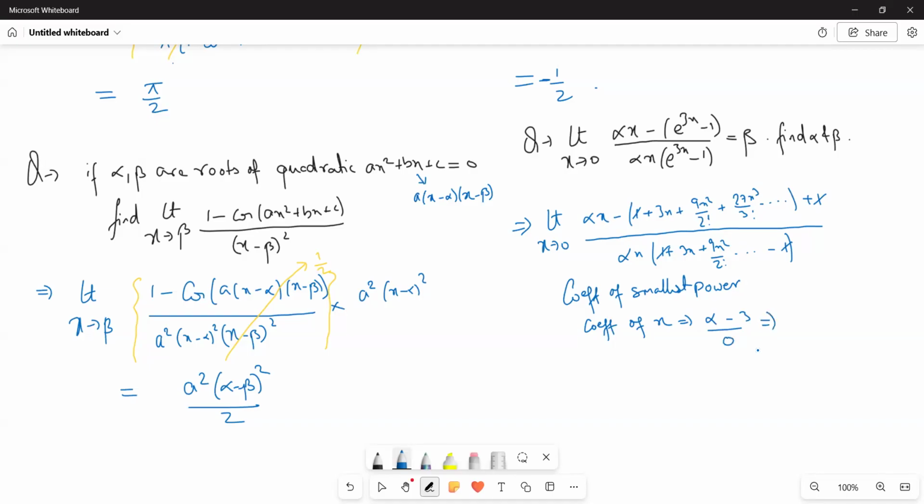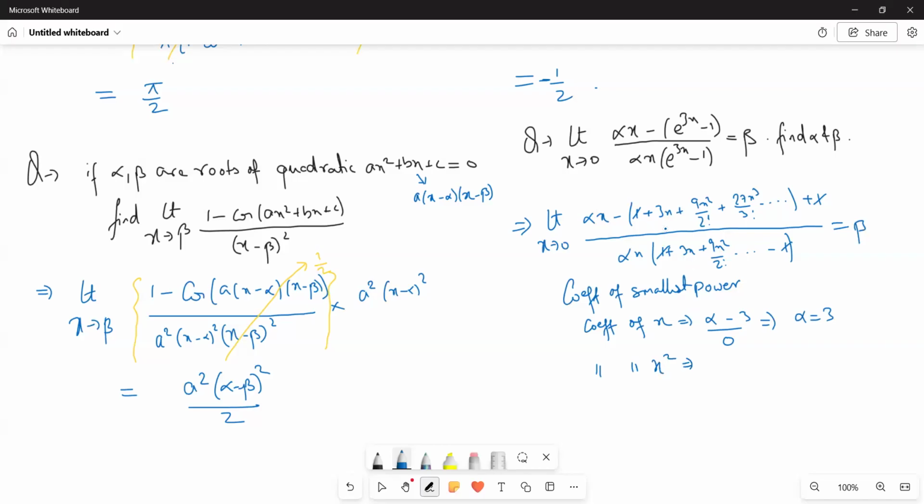So what does this imply? As long as the smallest power is x, the limit cannot exist. But it is given that the limit exists and is equal to beta. So we'll have to get rid of the coefficient of x, implying alpha is 3. Then we look for the next smallest power, x square.